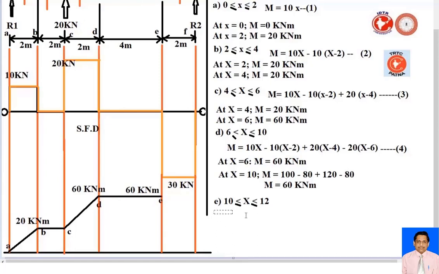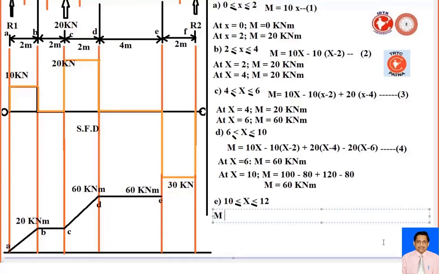The moment equation is 10x minus 10 times (x minus 2) plus 20 times (x minus 4) minus 20 times (x minus 6), and the last one is R2, which is in the upward direction, that is plus, and the total distance is 12.